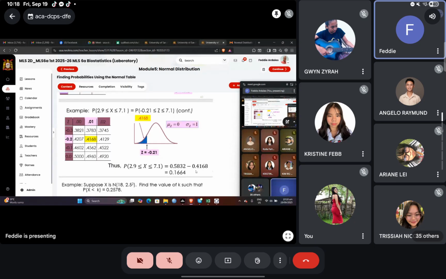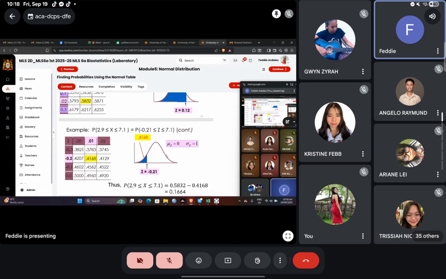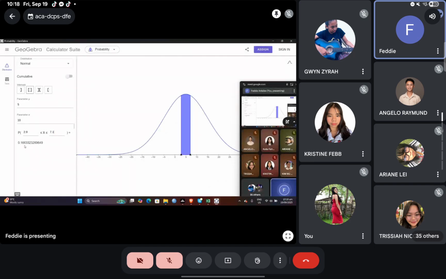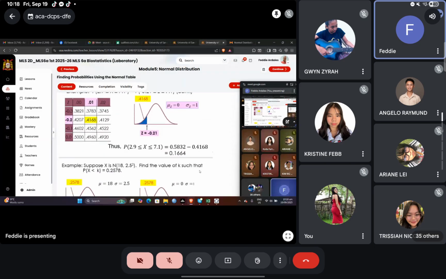So in other words, this is the area. But in our computation, it gives the answer directly as 0.16633. Let's compare. They are the same, the result is the same. Now, how about if you are using a standard normal calculator? Let's try this one.